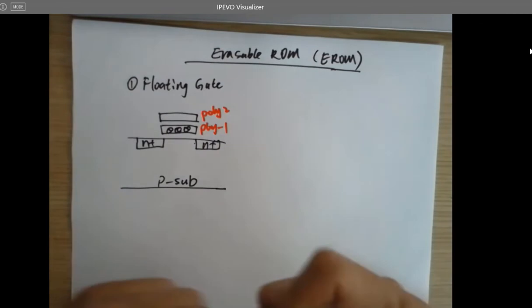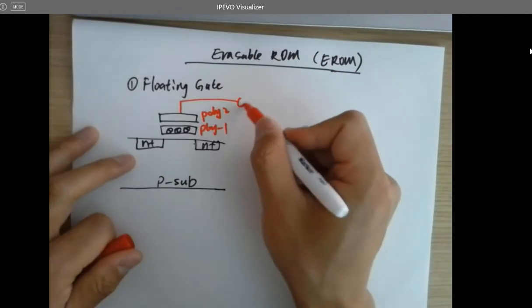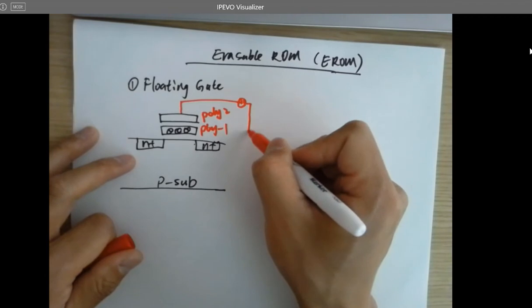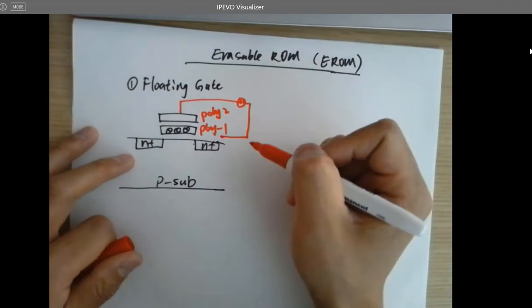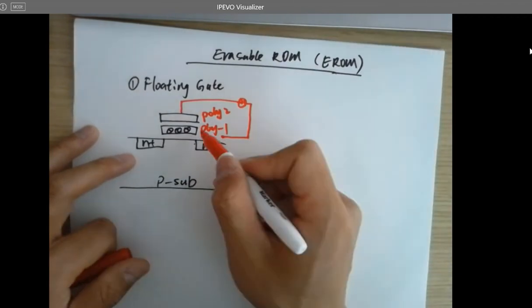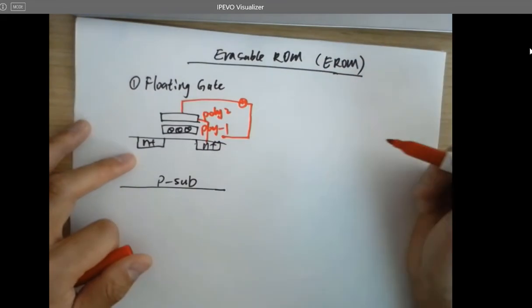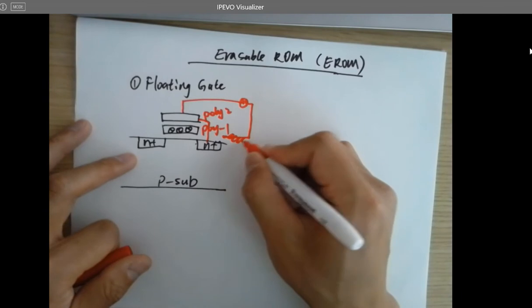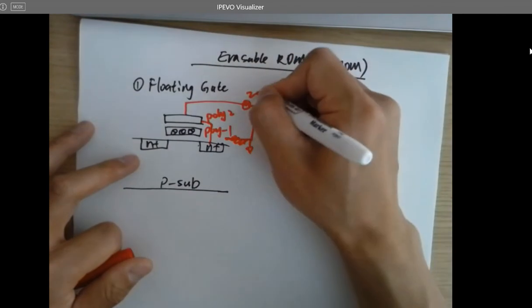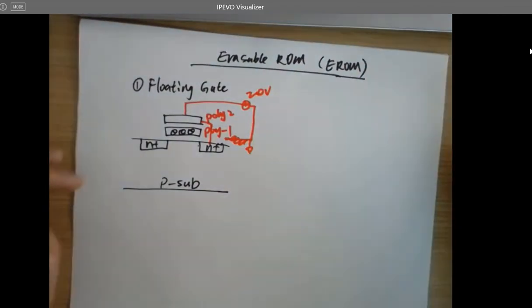If you can add a high voltage, it cannot be a small voltage. It has to be a pretty high voltage. And you have to short these two together. And the ground here, yeah, it has to be 20 volts. If you just apply 5 volts, it's just turning the channel on, but it's not doing anything else.